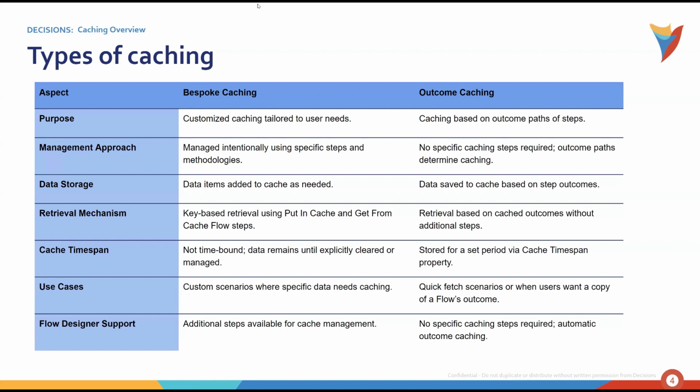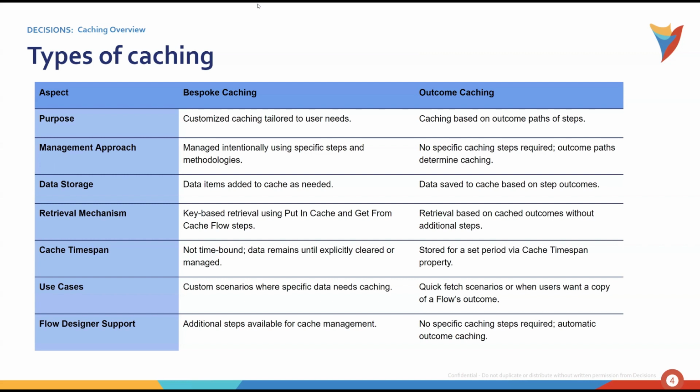If we talk about the management approach, bespoke caching is managed intentionally using specific steps and methodologies, whereas in outcome caching, no specific caching steps are required. Outcome paths determine caching. For data storage, in bespoke caching, data items are added to a cache as per the need, whereas in outcome caching, data is saved to the cache based upon outcome steps.